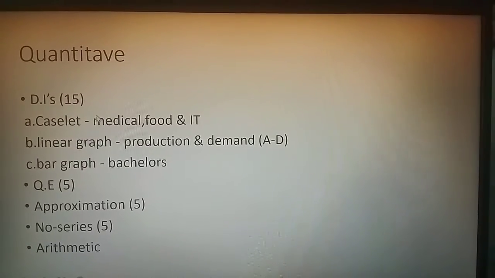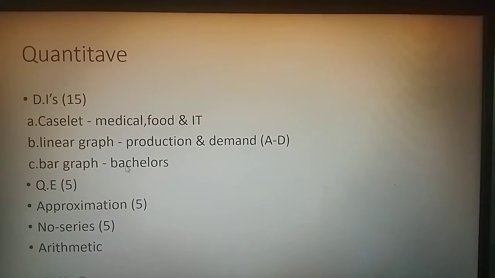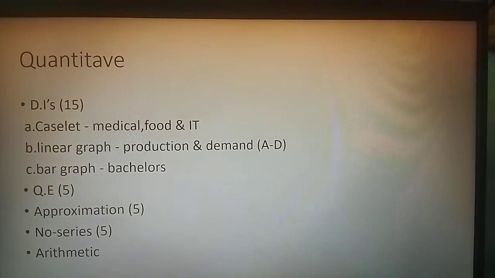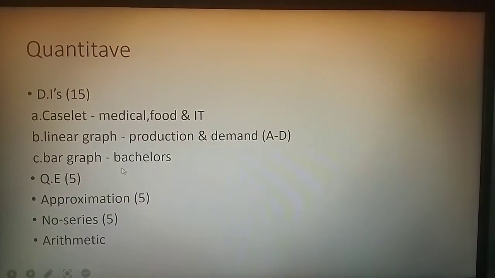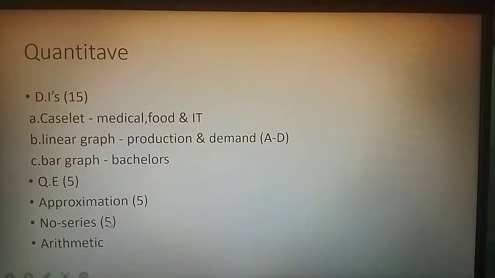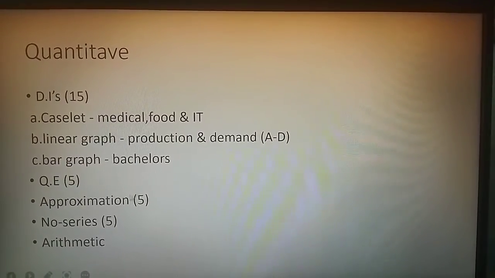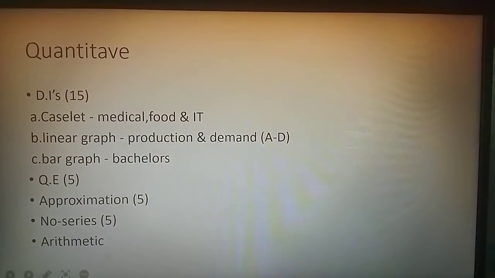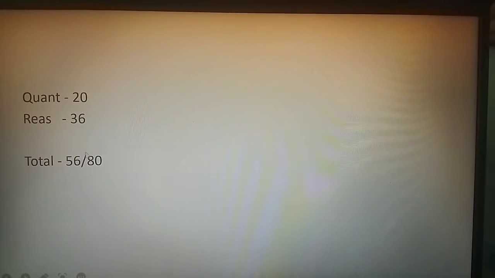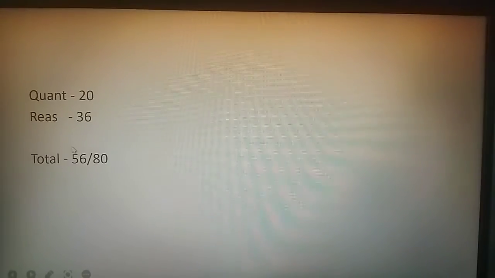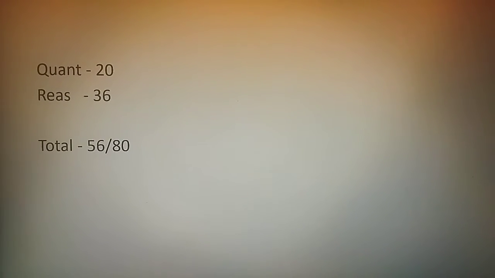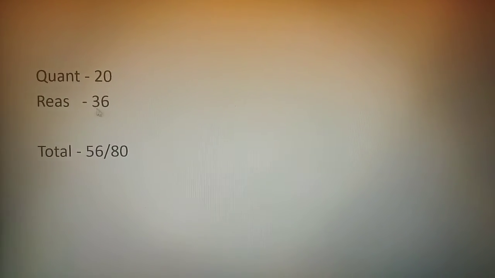I could say I solved 20 questions in a span of 12 to 15 minutes. So it was a good attempt for me from quant. My total attempts are 56: in reasoning I attempted 36 questions, and in quant 20 questions.